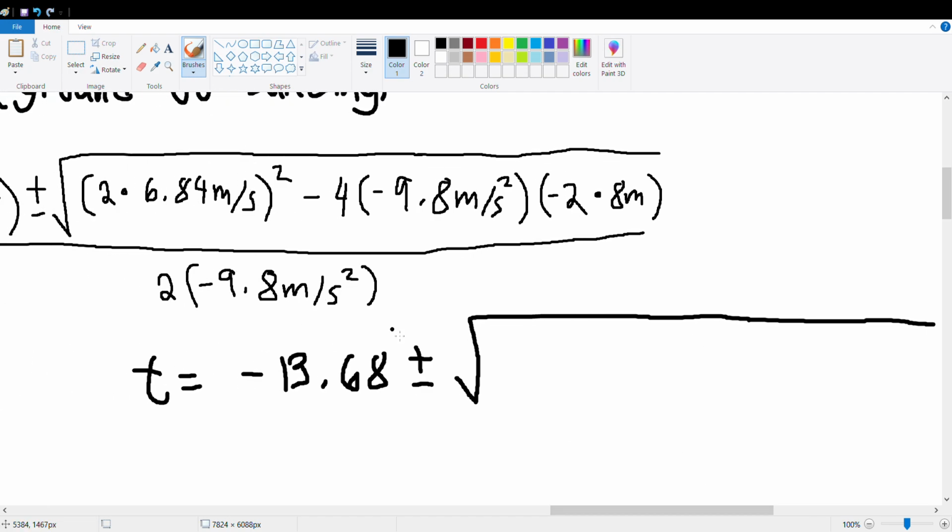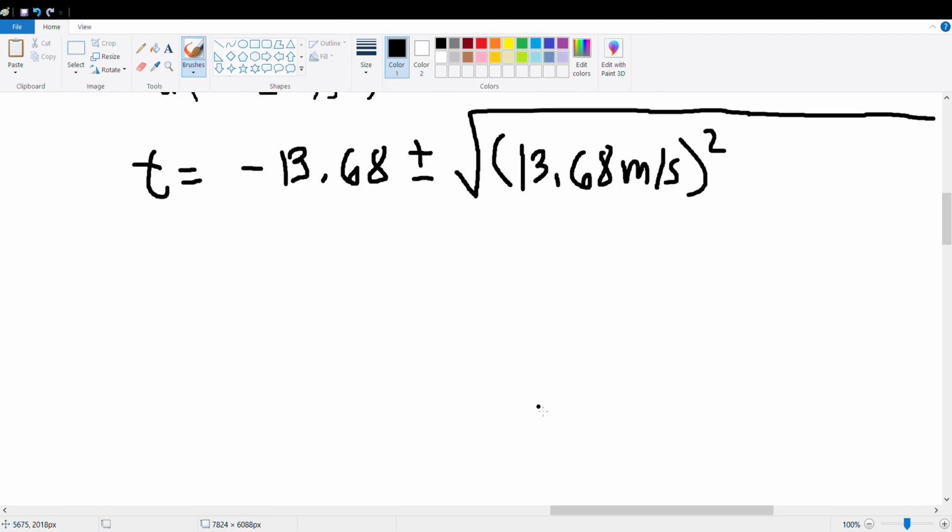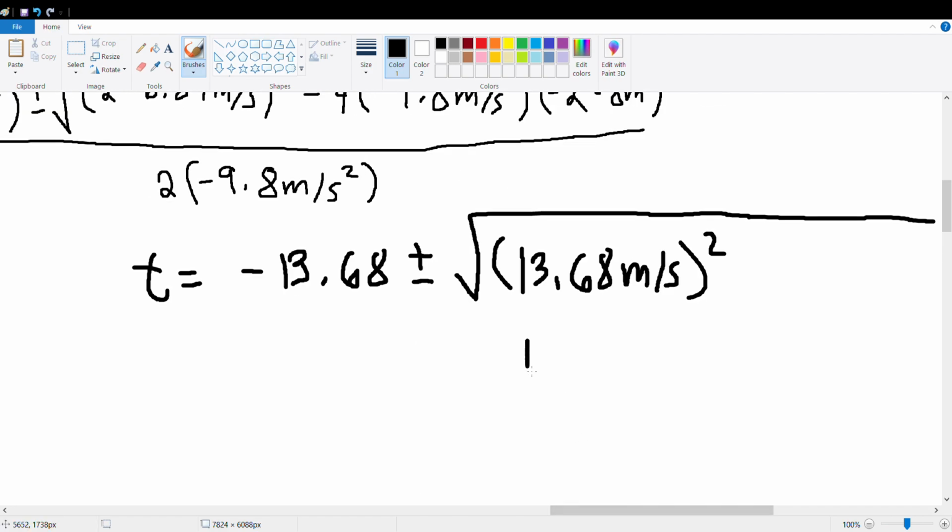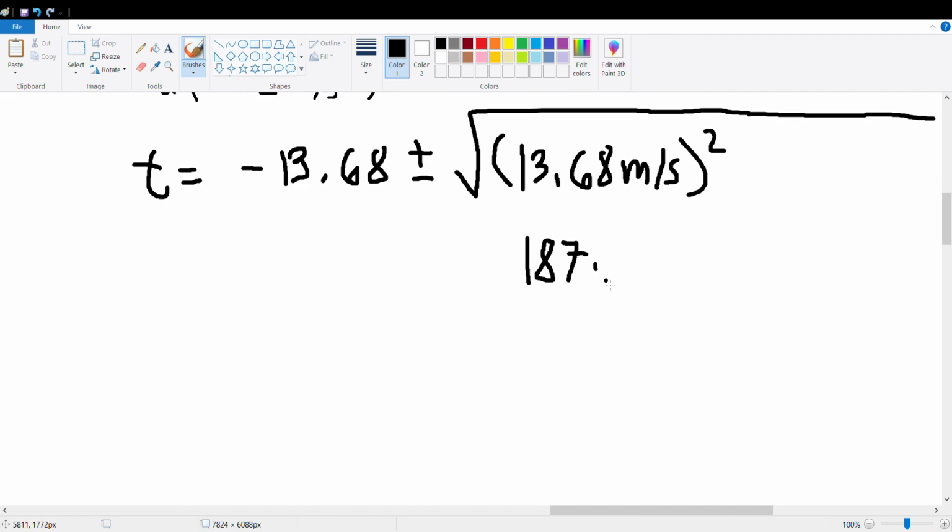So here we already have again 13.68 meters per second, and then we're just going to square that, which is 187.1424.